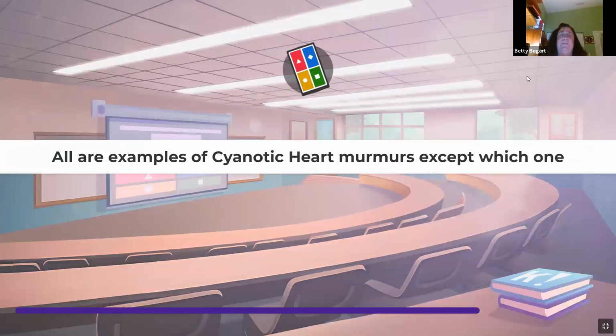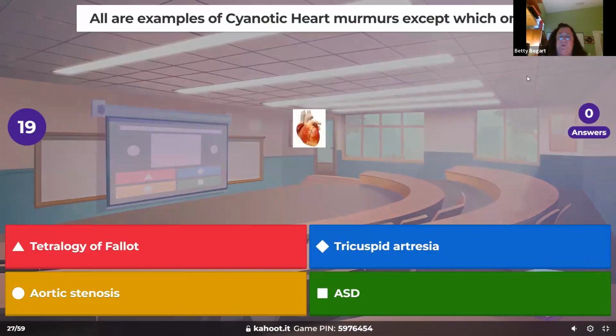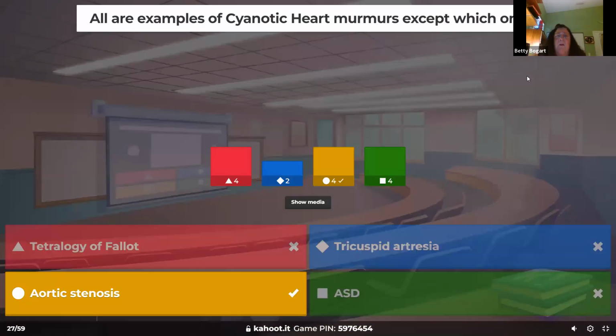All are examples of cyanotic heart murmurs except which one? You can take a guess. When we're looking at cyanotic hearts, tetralogy, I've already said we are.